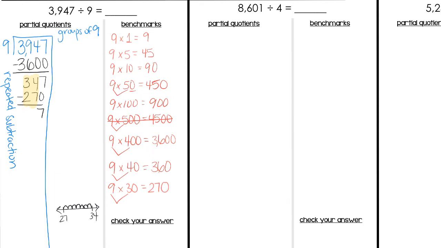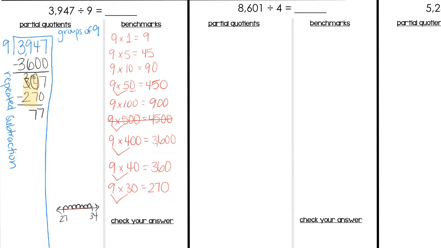How many spaces is that? 1, 2, 3, 4, 5, 6, 7. So if I count up from 27 to 34, we have 7. Which I also could have said, okay, 10 more is 14, 14 minus 7 is 7. Either way works. Now I have 77.